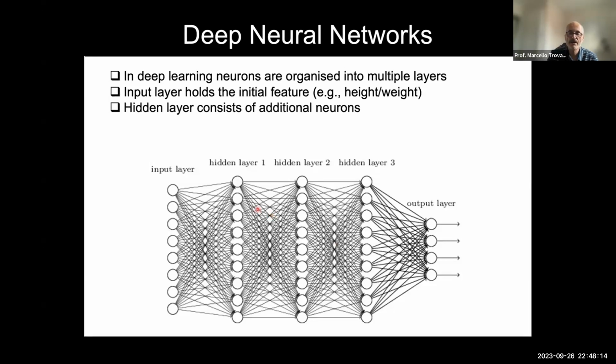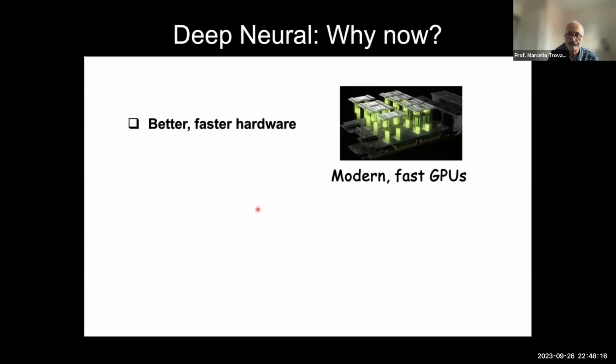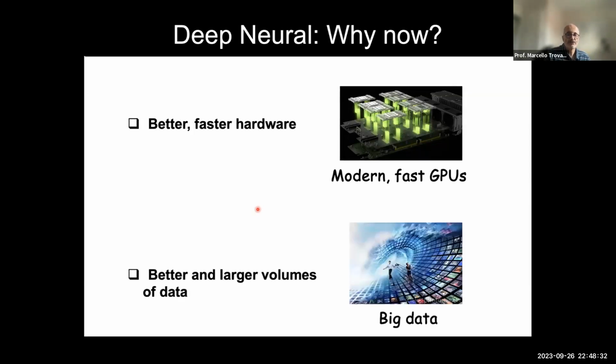So why do we have deep learning? Why has it become so relevant? First of all, because we have better and faster hardware, so we tend to use GPUs to train our models, but also better and larger volumes of data.